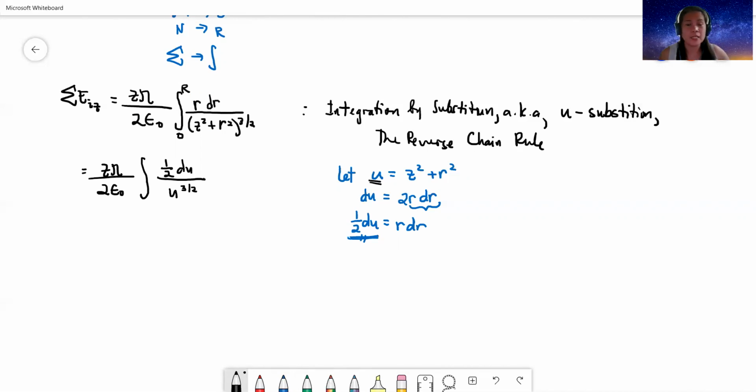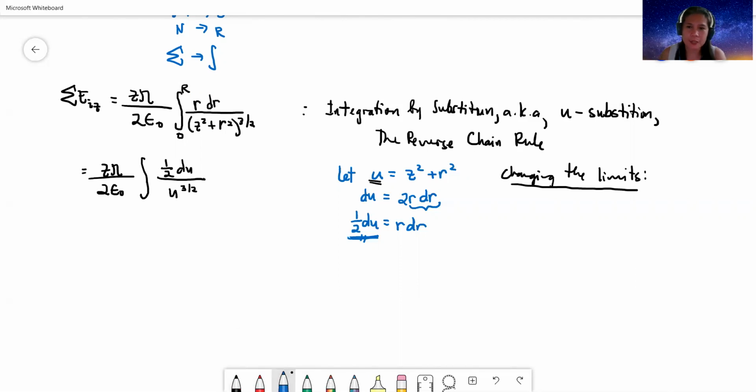Okay? Now, if you change the variables in your integration, you also have to change the limits. So changing the limits, the lower and the upper, we will base it on this definition that we have here, of course.